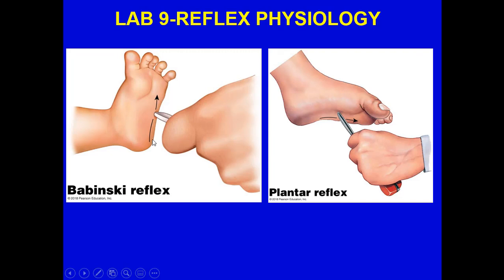But if somebody does a Babinski reflex and the toes all flail out, that's the indication that motor neurons have been influenced, damaged, or affected. The plantar reflex, if you run that through the center of the plantar part of the foot, otherwise known as the sole of the foot, you still get a curling.